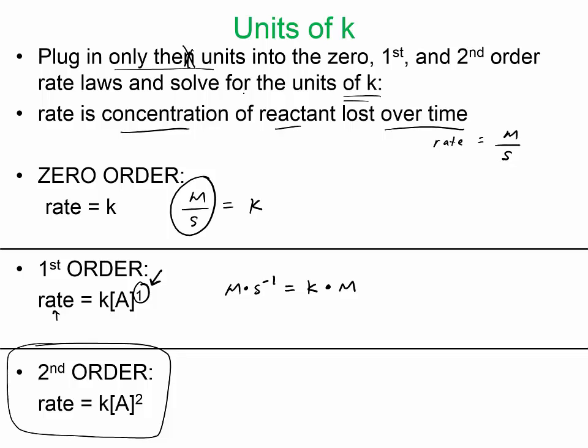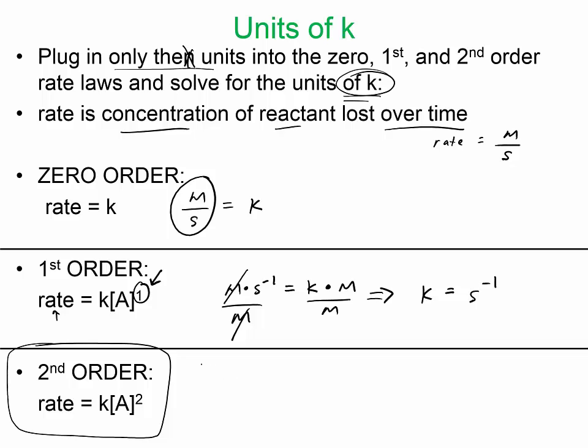Now the directions say solve for k, so I'm going to divide both sides by M. Dividing both sides by M, I can get my units for k. For first order, the molarity cancels out, and the units for k for a first order reaction are going to be inverse seconds.